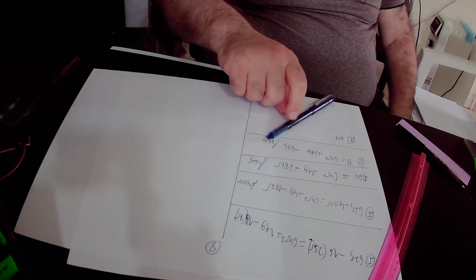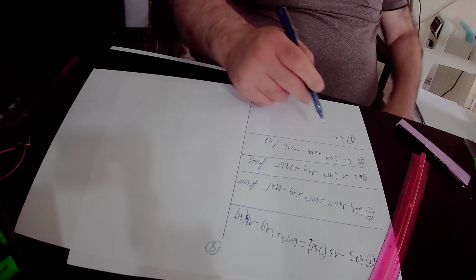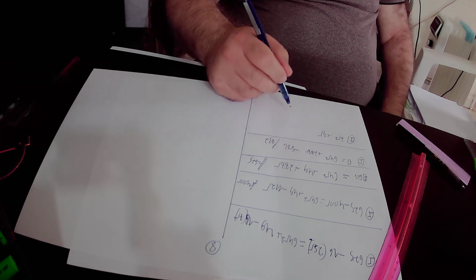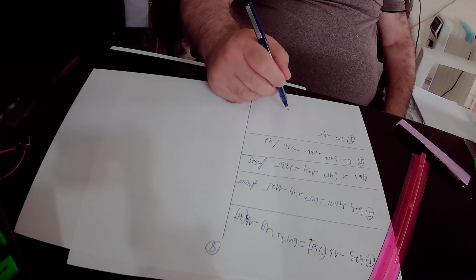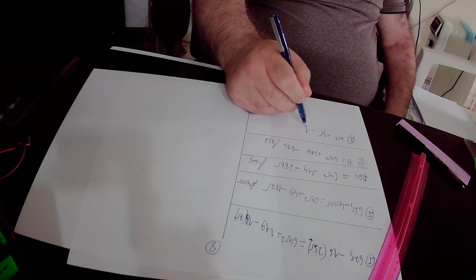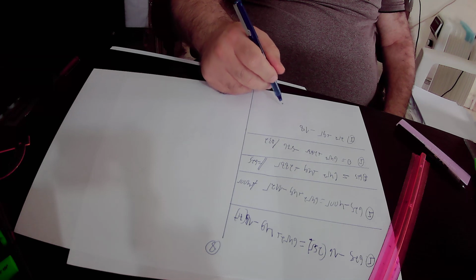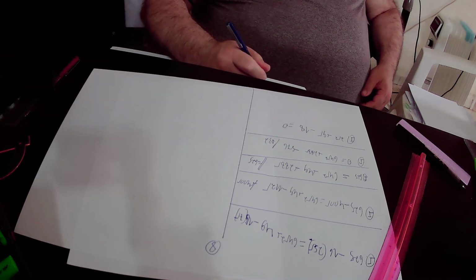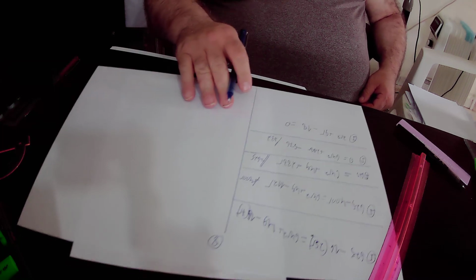Here we have 288r over 32, which is plus 9r, and minus 576 over 32 is minus 18. That is equal to 0 because 0 over 32 equals 0. So in conclusion, we got the quadratic equation 2r squared plus 9r minus 18 equals 0.